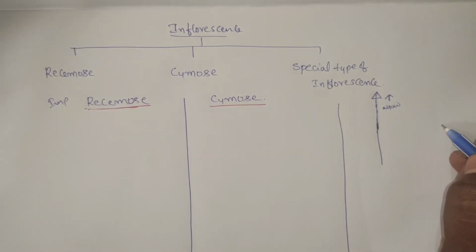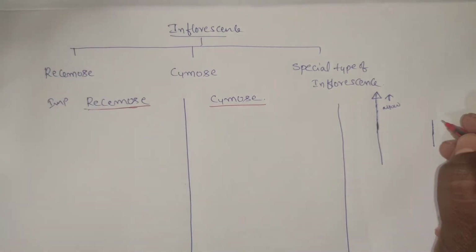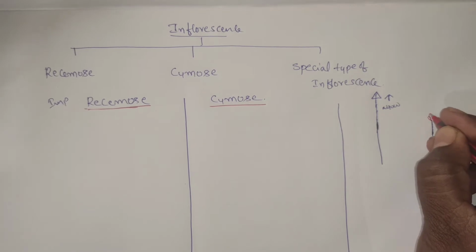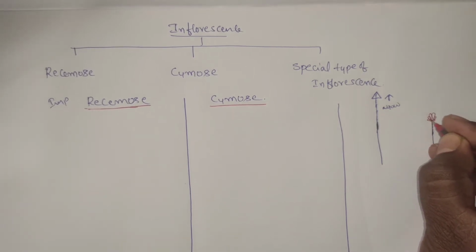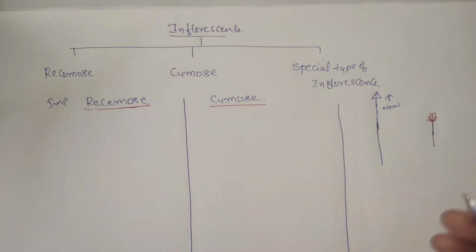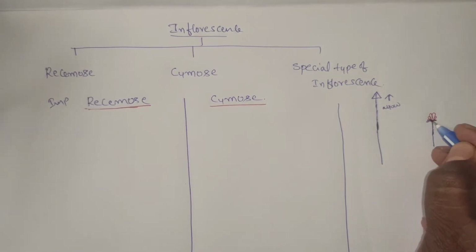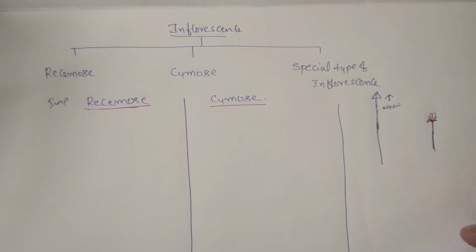Whereas in some other plants, this is a peduncle, and this peduncle grows for some time. Afterwards, this peduncle is terminated with the formation of the flower. So we have two types of peduncles.